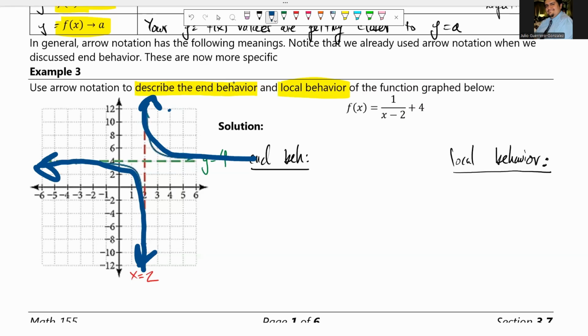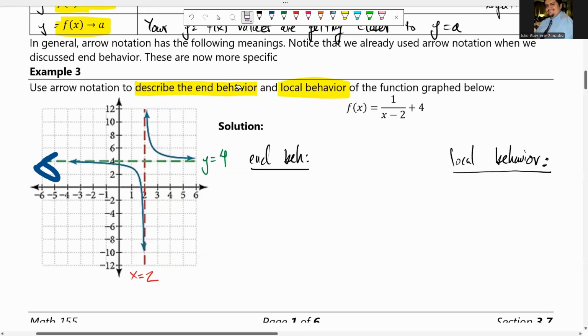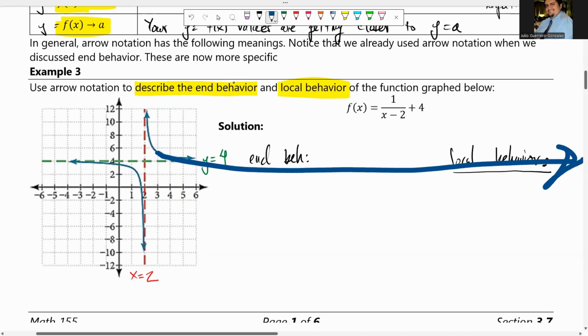When we discuss end behavior, we don't care about when we're close to the origin of a graph. We care about what happens when we take this super far, way over that way, and we want to know what our function is doing.